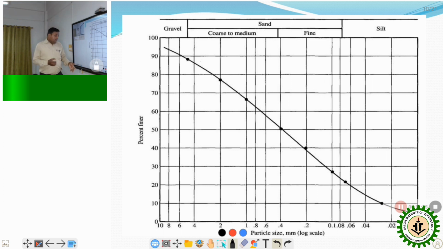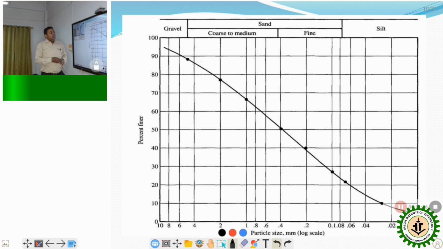But if we take the scale along the x-axis in ascending order, the graph will be opposite.